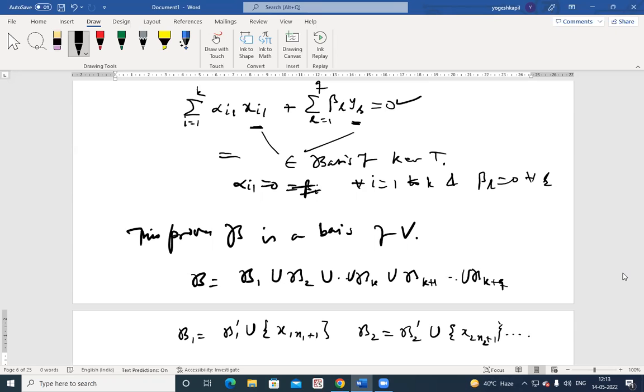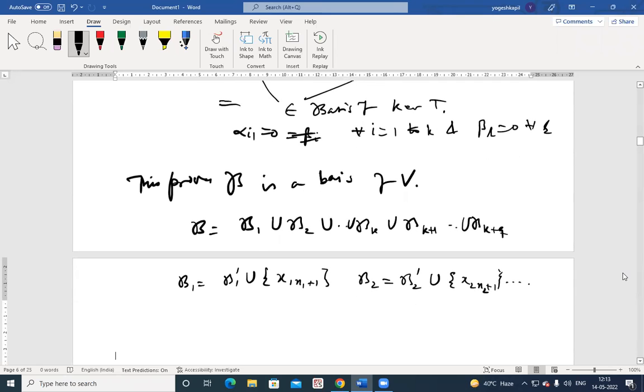And Bk plus 1 contains only y1 and Bk plus q contains yq. Is that okay?